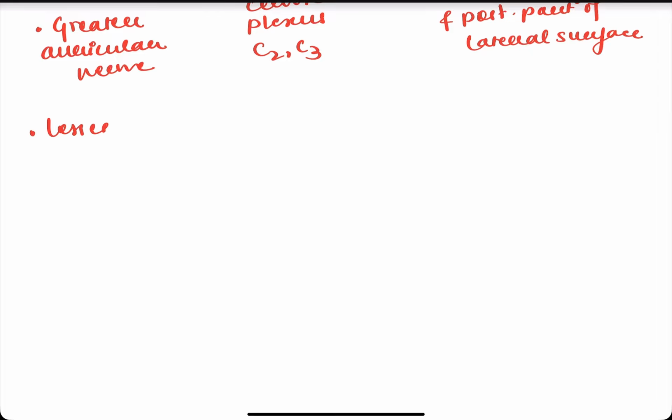Next is the lesser occipital nerve. The derivation is not so important; the nerve and its region supplied is important. The lesser occipital nerve supplies the superior portion of the medial surface.